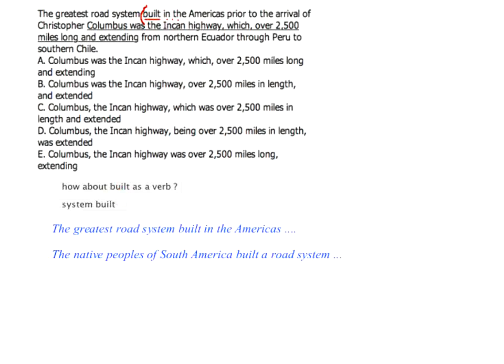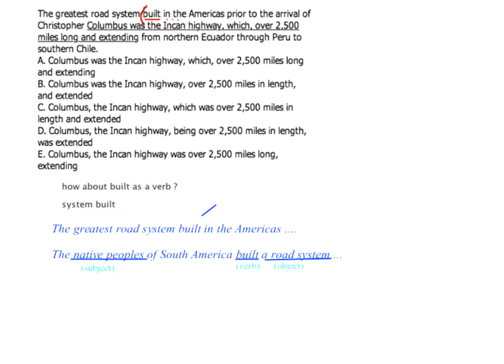These people actually built something. So the native peoples built a road system. Like, they did that. From context, that's clear. So that would actually be a subject, the native peoples. And then that's a verb. And then that's what they built.